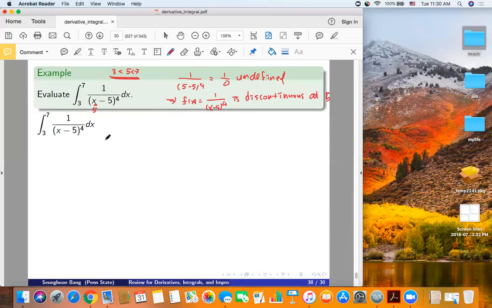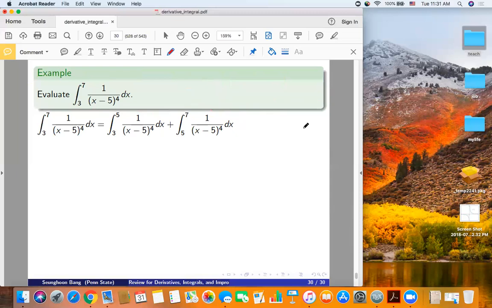So how can you do that? You can split it into two integrals: the integral from 3 to 5 of 1 over (x minus 5) to the 4 dx, plus the integral from 5 to 7 of 1 over (x minus 5) to the 4 dx. You can split it into two improper integrals like this.